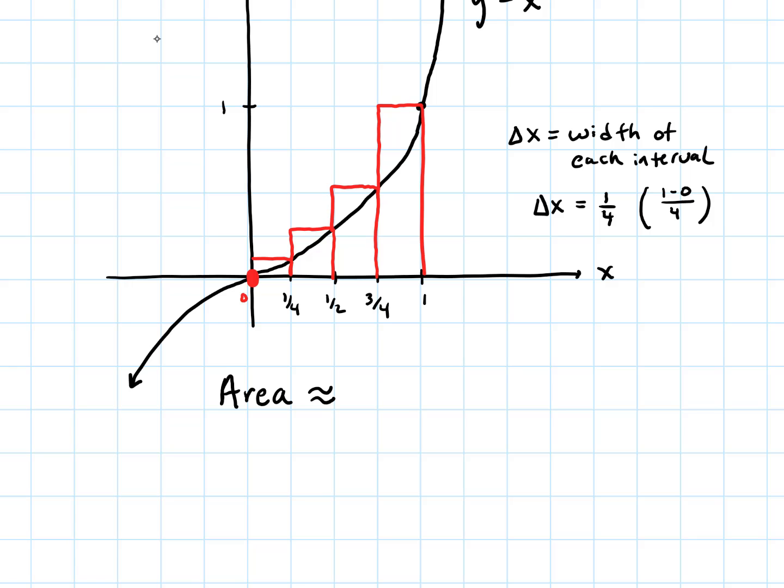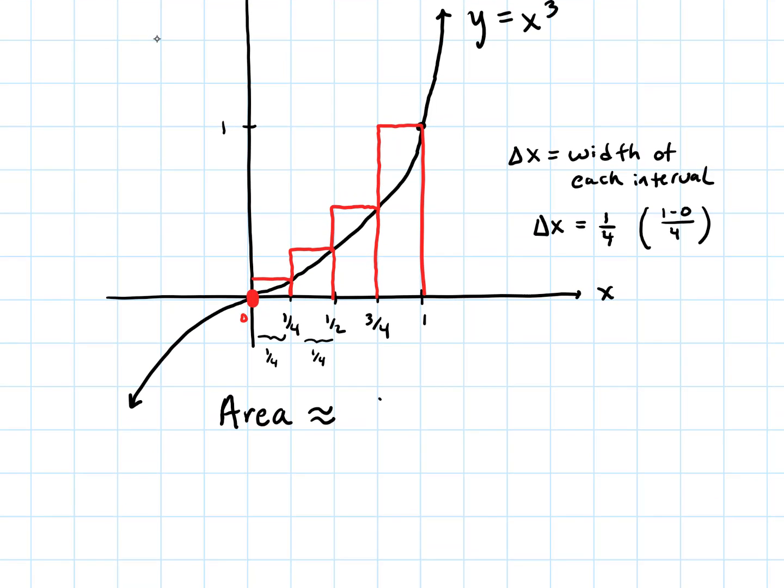So the area is going to be, each of these is 1/4, or delta x. And then the height of each one depends on the function value. Our function is x cubed, but I'm going to write it this way to start off with. So it's going to be f of 1/4 times 1/4 plus f of 1/2 times 1/4.